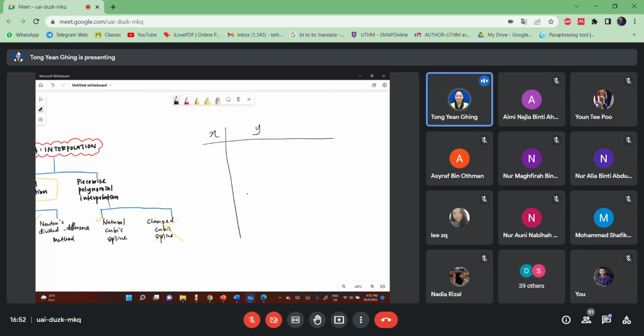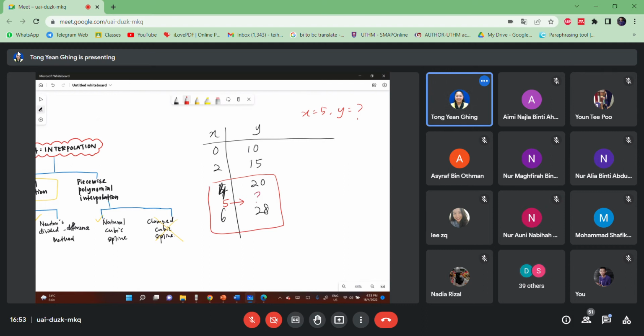Let's say you have 0, this one is 10, 2, 15, and this one 5, katalah, and this is example only lah. Maybe this one 4, 6, and then 20, 28, let's say. Maybe you want to find when the value of x is 5, what is the value of y? Kan?